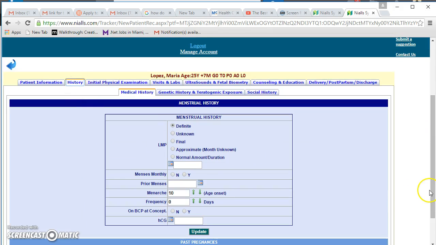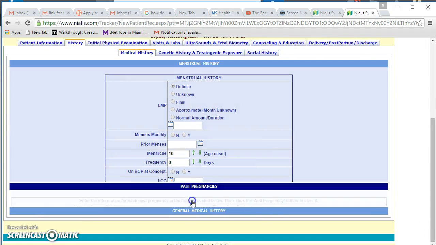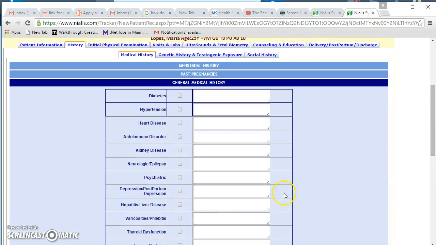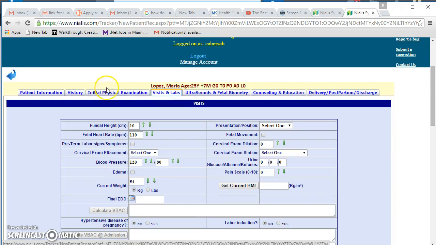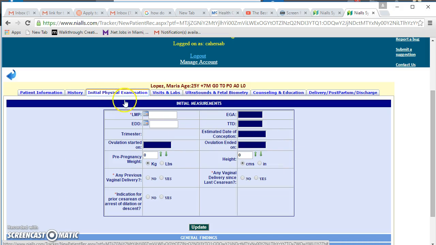So this is the history that has past pregnancies, and it also contains all the visits and the initial physical examination.